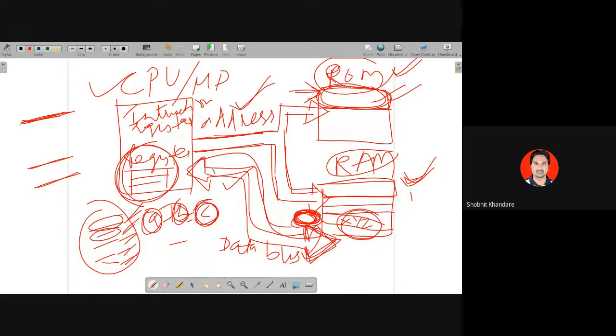So the direction of the data bus is both directions if I consider RAM. But if I consider ROM, the direction is from ROM towards the CPU, because we can only read the ROM, we cannot write the ROM. As we cannot write the ROM, the data bus direction cannot be from CPU towards the ROM. I hope you understood this.